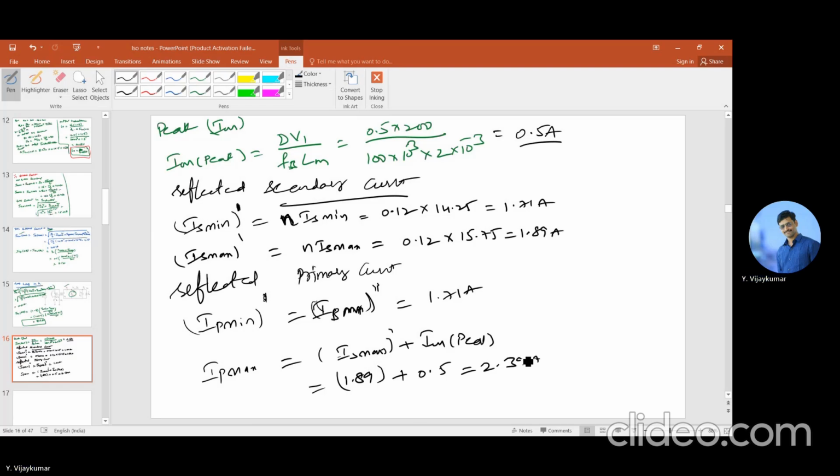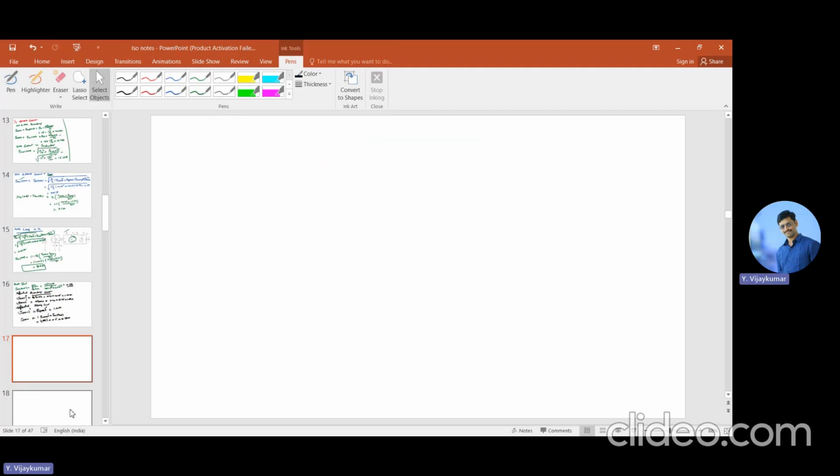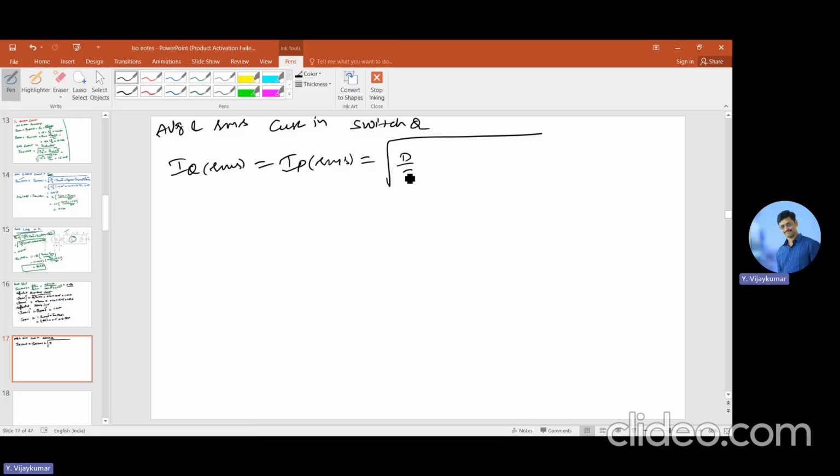Now, what is the average and RMS current flowing through the switch? Average and RMS currents in switch Q. Current IQ RMS is equal to primary current IP RMS, which is square root of D by 3 times IP minimum square plus IP minimum into IP max plus IP max square.